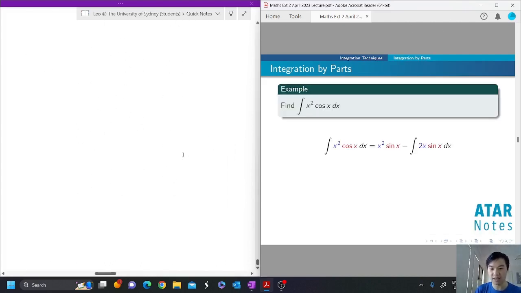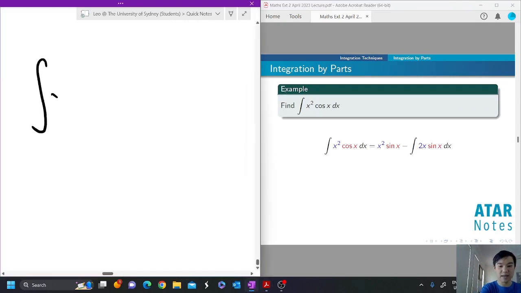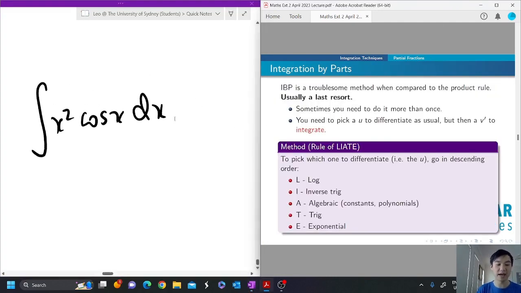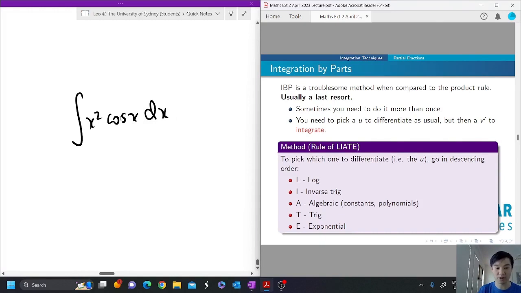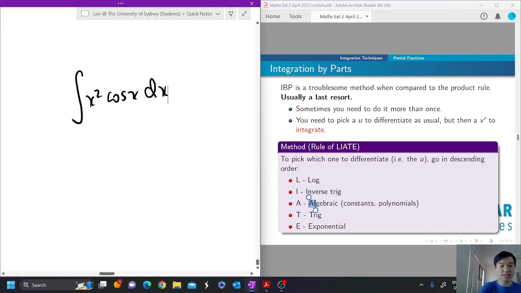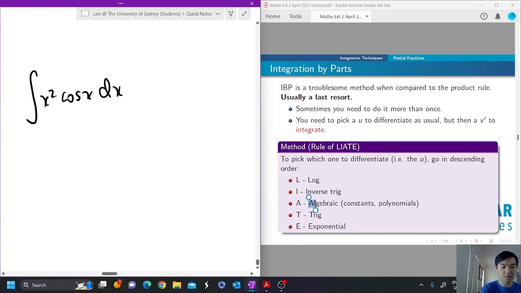So let's say we wanted to integrate x squared cos x. Using LIATE, which one has priority to be u? Well, algebra is above trig. x squared is algebra, cos is trig. Algebra has higher priority, so we're going to let u be x squared, and we're going to let v dash be equal to cos x.